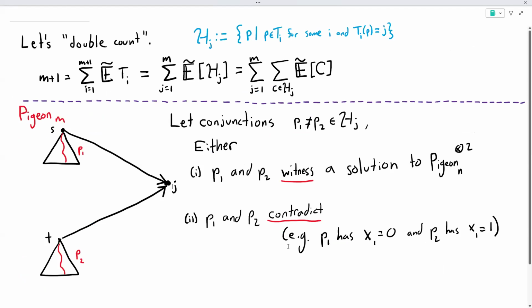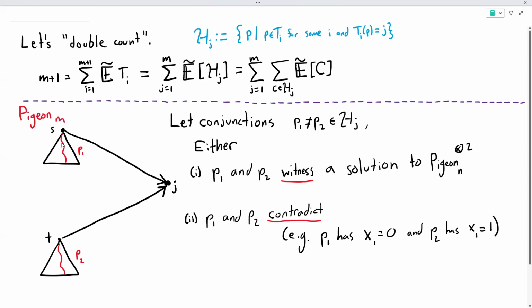Okay. So now let's notice something. Take for some J two conjunctions P1 not equal to P2. So these are paths in two decision trees. Then by the validity of the pigeon protocol, either P1 and P2 witness a solution to pigeon squared, right? Because solutions to the pigeon protocol have to map back to solutions to pigeon squared.